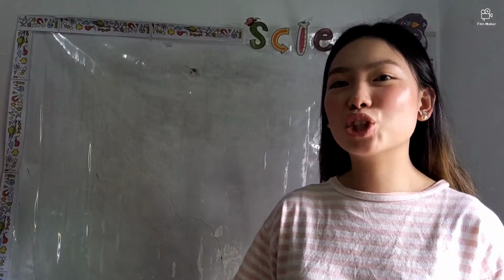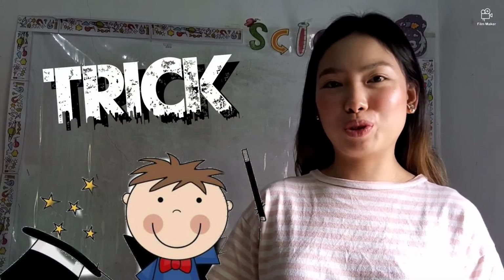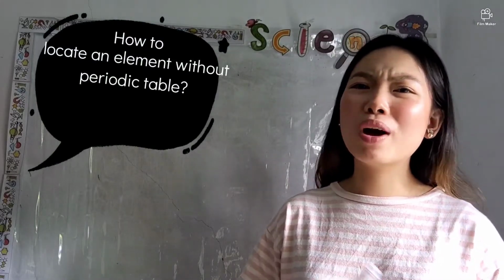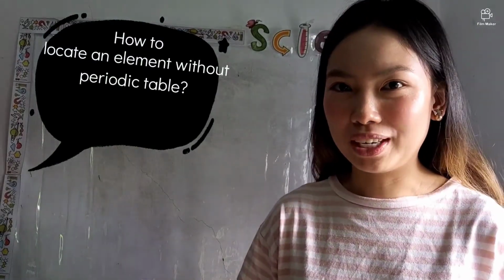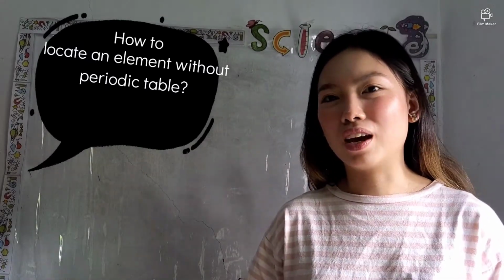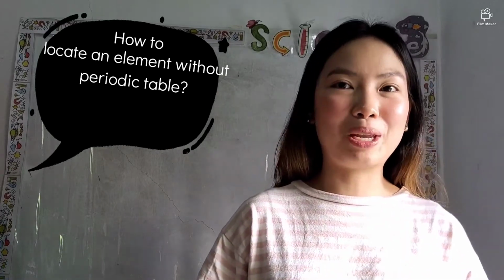Okay, so let me teach you a trick in periodic table, which I also learned when I was a student. So, paano ba natin mai-locate ang isang element kung wala tayong periodic table? Anong group kaya niya? Ano kayang period niya? Saan kaya ang parte ng periodic table kung makikita yung ganitong element? So, paano kung ganun yung tanong?